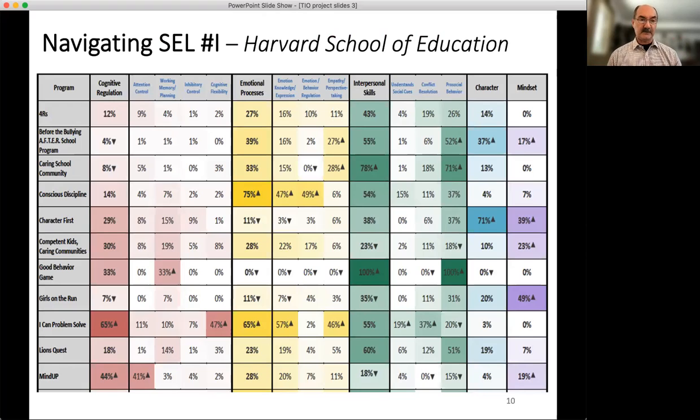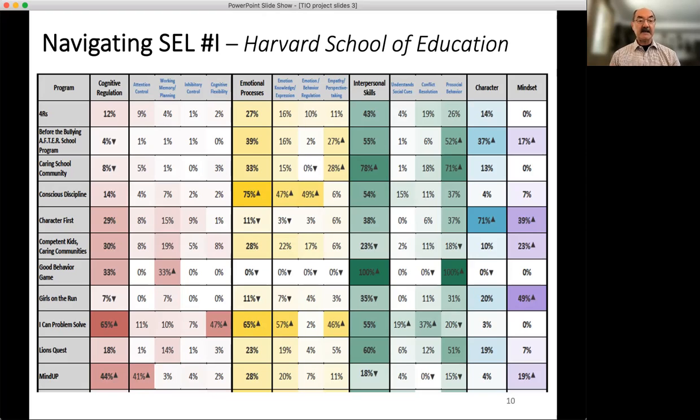So for example, if we take a look at something about the middle of the page, the good behavior game, it's got some excellent results in interpersonal skills and is very helpful in cognitive regulation. But if the need is emotional regulation and processes, it's not quite as good. And if you're working on character or mindset, that doesn't mean it's bad. It's built for what it's built for.